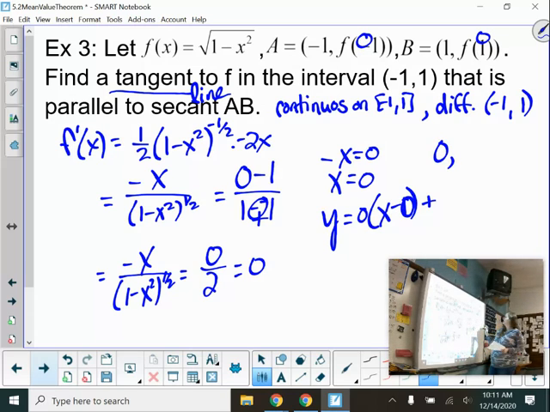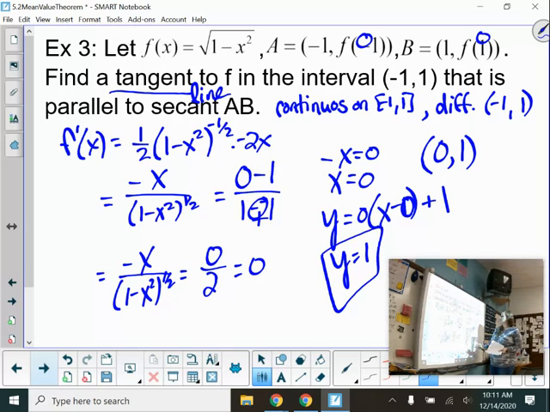If I plug in 0, because my point here is 0, 1, that's going to be the value that I'm using. So 0 times x minus 0 and then plus 1. I don't want to use A and B because that's not where I'm drawing my tangent line. I'm drawing my tangent line at x equals 0. Slope is 0, so that means your equation is y equals 1.